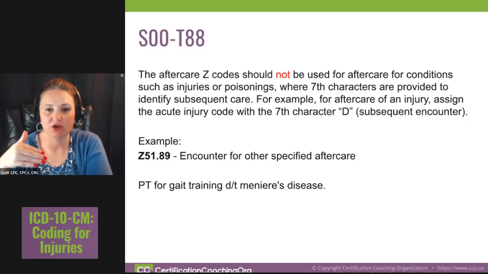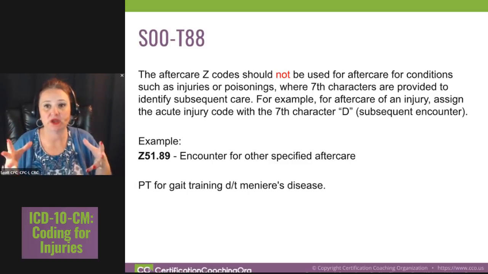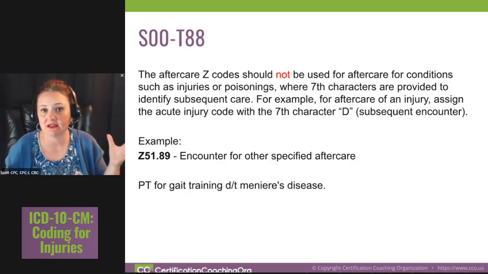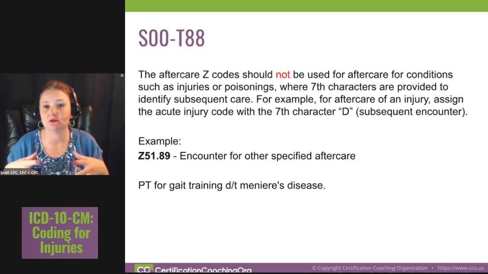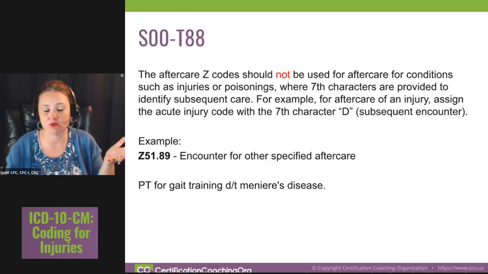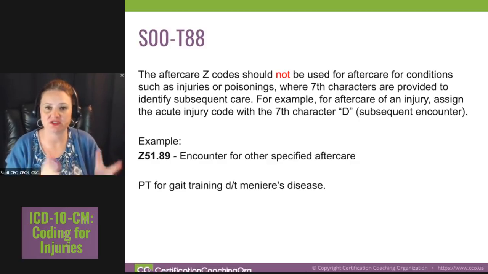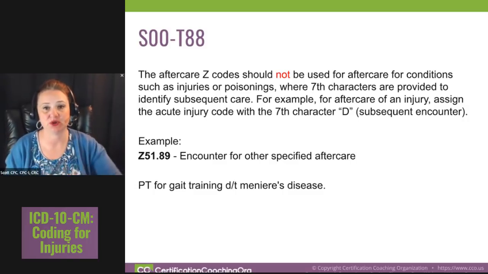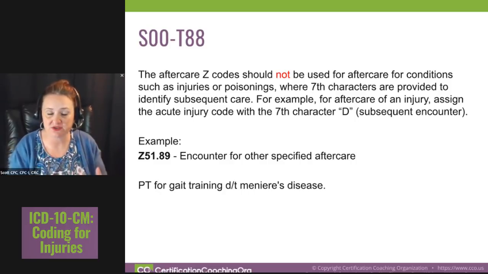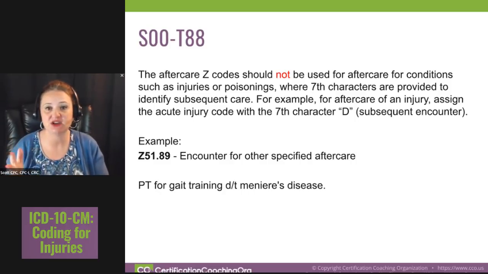So the patient is getting physical therapy to learn how to deal with being dizzy all the time, or without knowing when it's going to come on. The physical therapist is going to say, okay, if you're in Walmart and all of a sudden you get dizzy, these are the things that you're going to do. That's part of physical therapy. Or let's say they're just dizzy all the time.